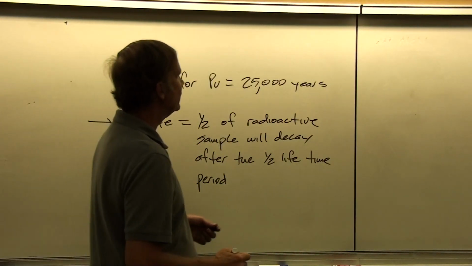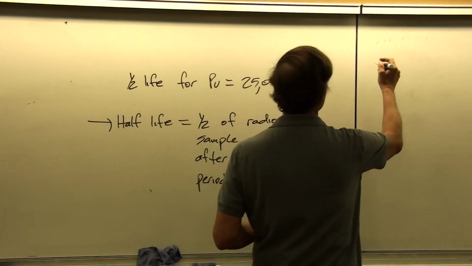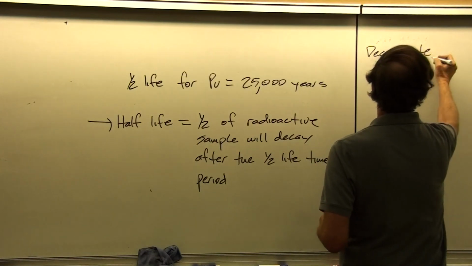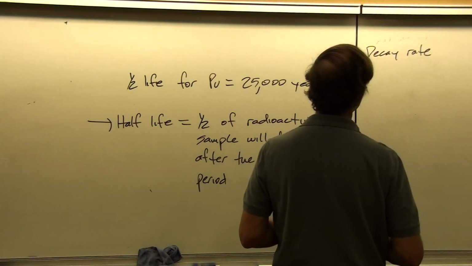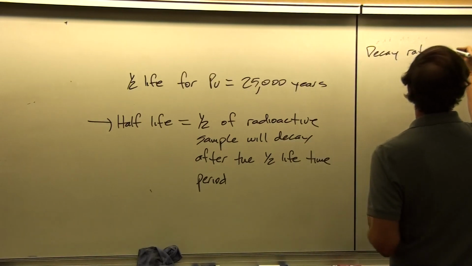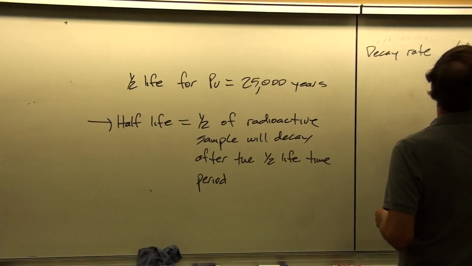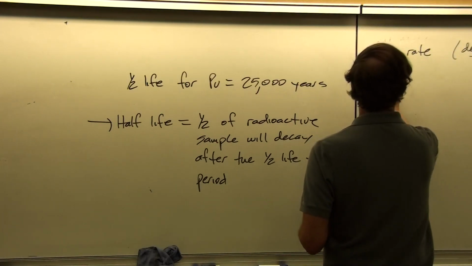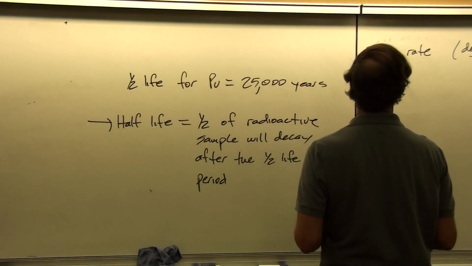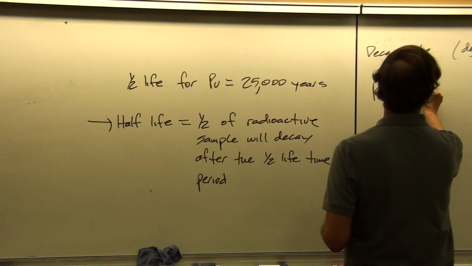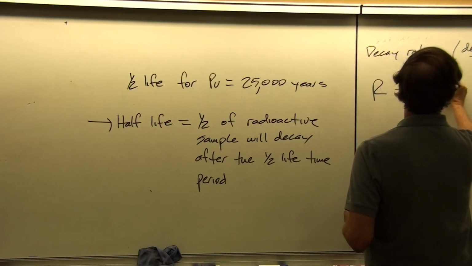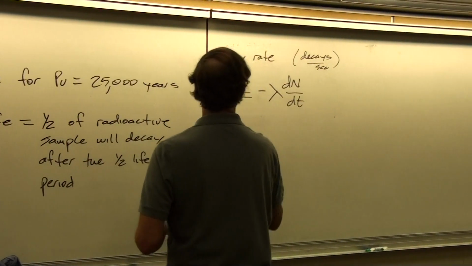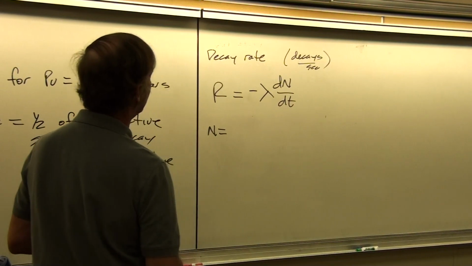Okay, and so let's find, first of all, an expression for the decay rate. Okay, now, decay rate we could do in units of, say, decays per second. And we find that that decay rate is equal to minus lambda times dN/dt, where N is the number of radioactive particles you have.